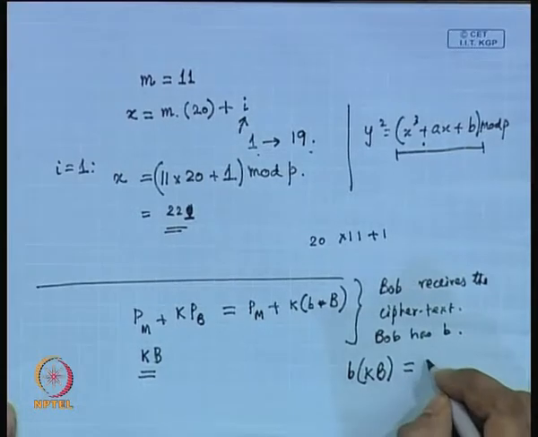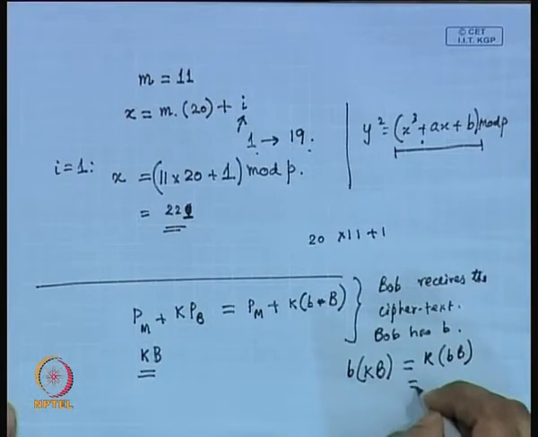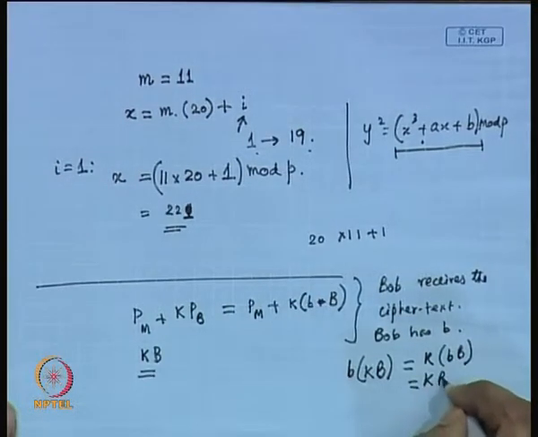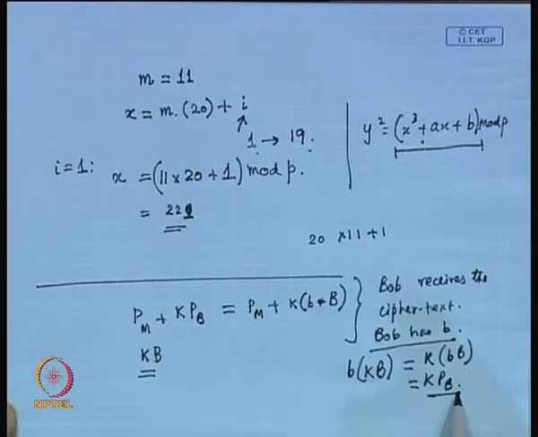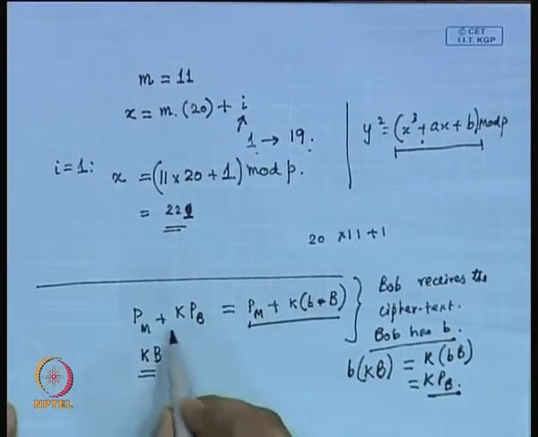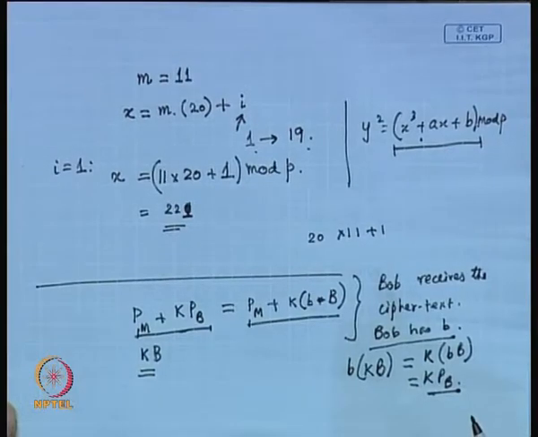What you obtain is k into b, and that is nothing but k into Pb. So, Bob by using its own private key can obtain the value of k into Pb, and after that it is simple: you just subtract out this value so that you get the value of Pm.